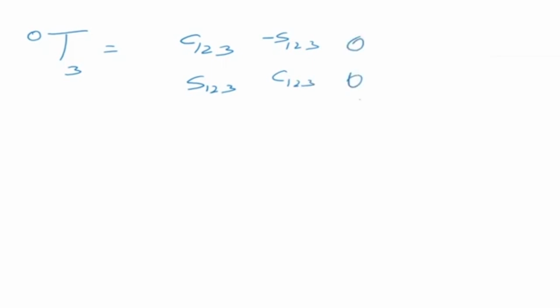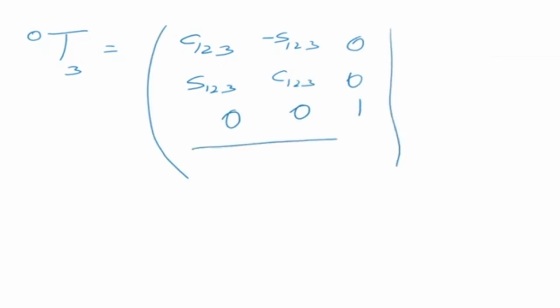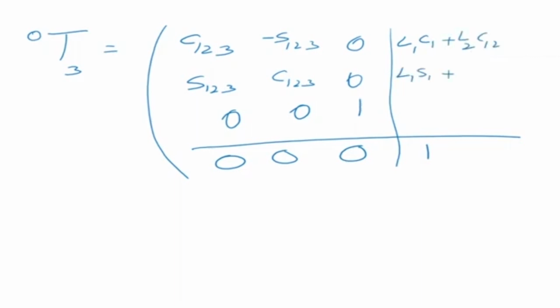What you'll get is T0 to 3 is equal to cos 123, minus sine 123, sine 123, cos 123, 0 0, 1, 0 0, and the last column is L1 cos 1 plus L2 cos 12, L1 sine 1 plus L2 sine 12, and 0.